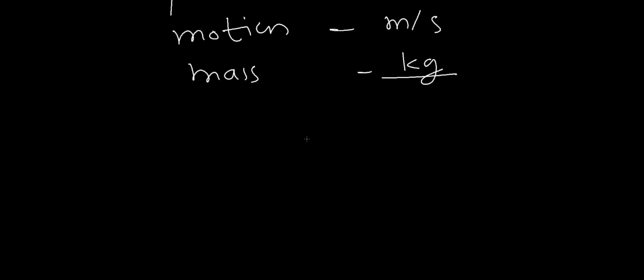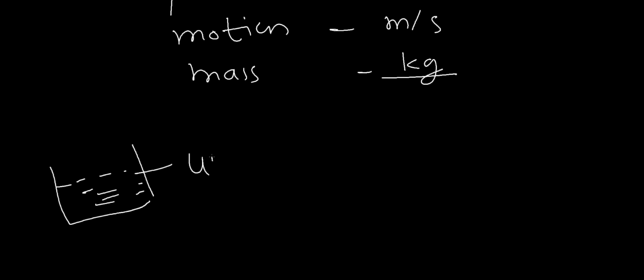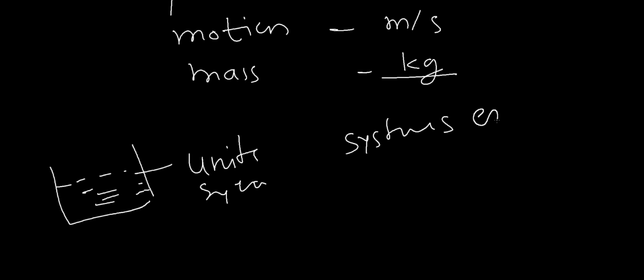So this is a standard, and if we say no, I don't want this system, I have my one bucket of water, I will take that bucket of water, go everywhere and measure with that bucket, then your unit system will be this bucket of water. You can understand there are many such systems to measure things.